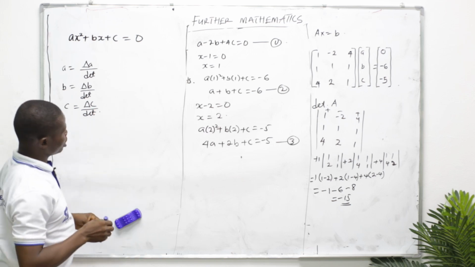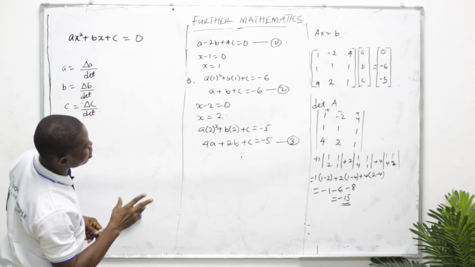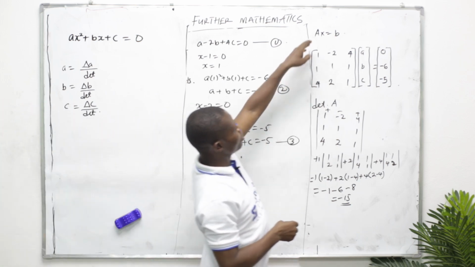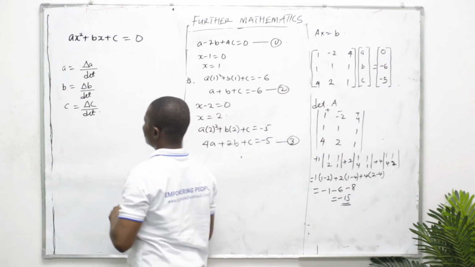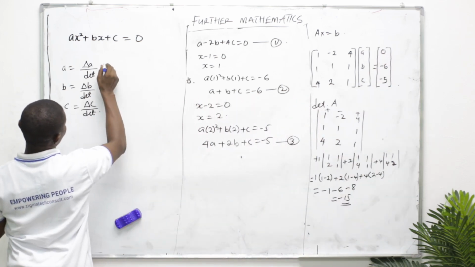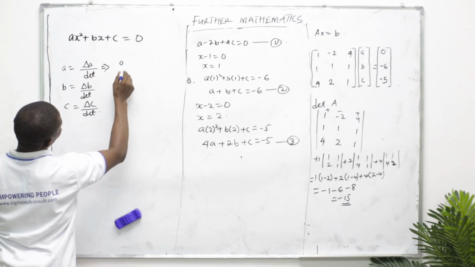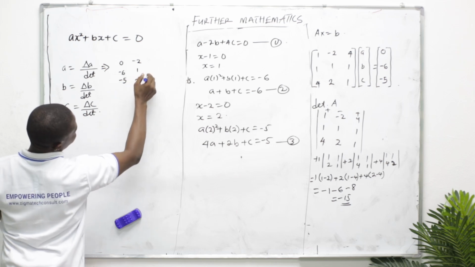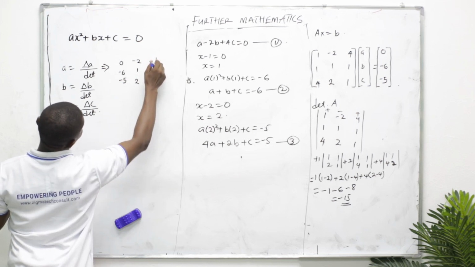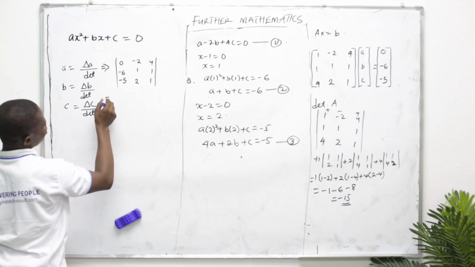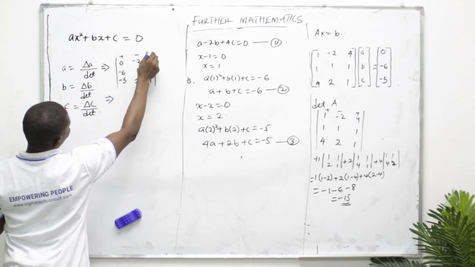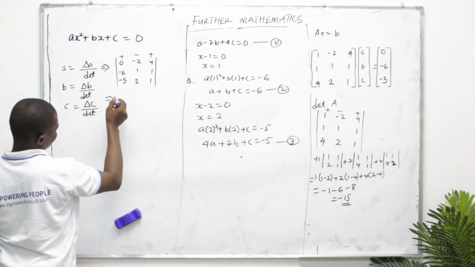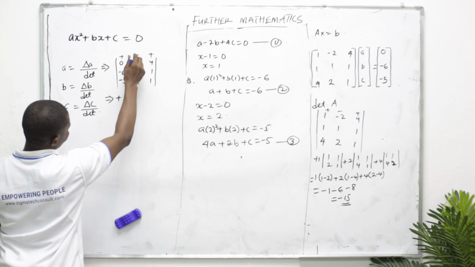Using the determinant method of matrix, to get a, we have to replace the whole of this column with B. Meaning that for a, here 0, minus 6, minus 5, then minus 2, 1, 2, 4, 1, 1. The determinant of this implies plus, minus, plus. This is 0, of course. It has nothing to produce, so we are forging ahead to this.